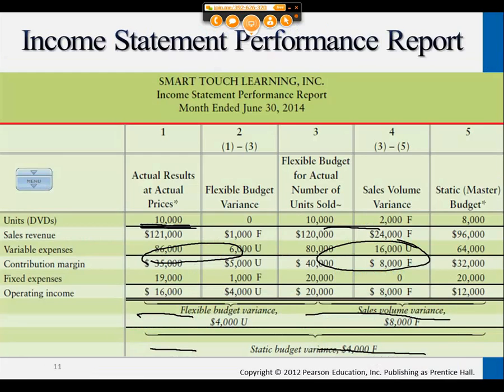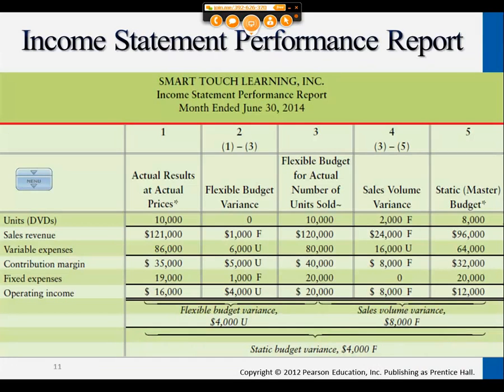So let's look at the income statement performance report. We know how we calculate all of this. Now let's look, what do we have here? Our column 1 is an actual result at actual prices. Pay attention: budget, sales volume variance, and then we also have budget.